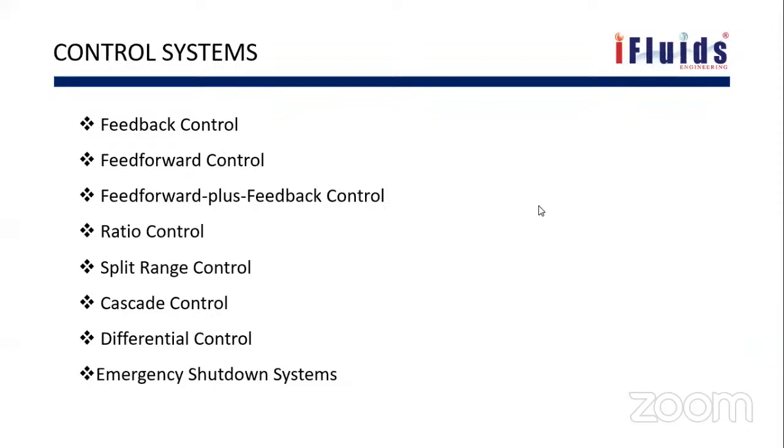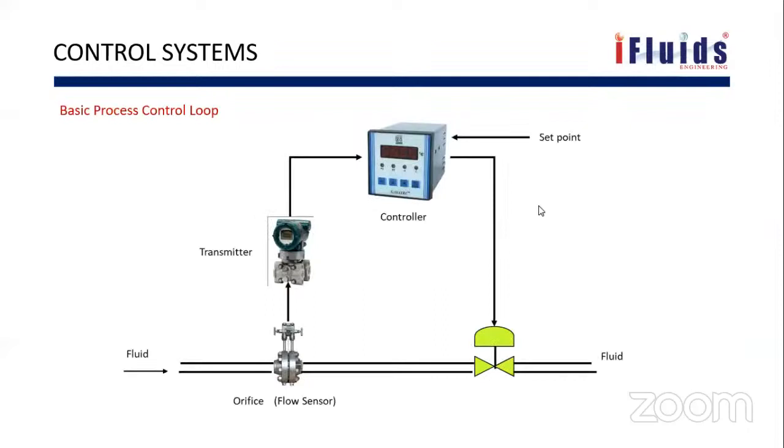There are different types of control systems. Now, why is the control system so important? Why should we understand the type of controller? Because day in and day out, we are operating the plant. And of course, we should be aware what type of controller is there in the plant and how it works.